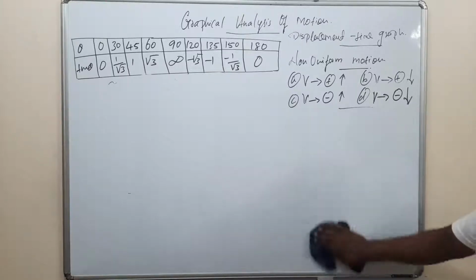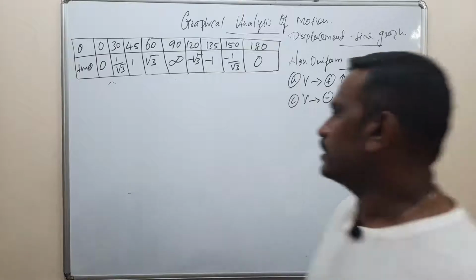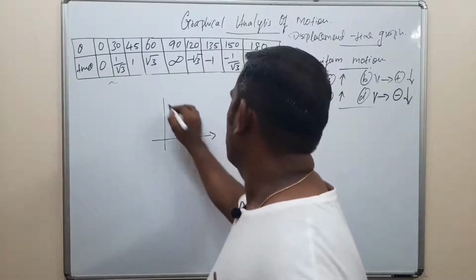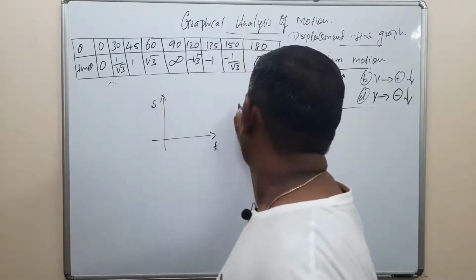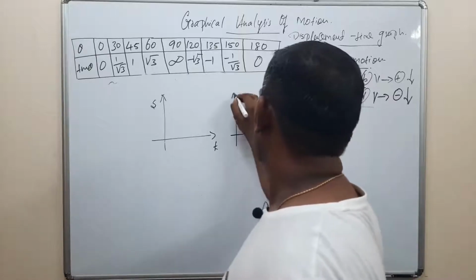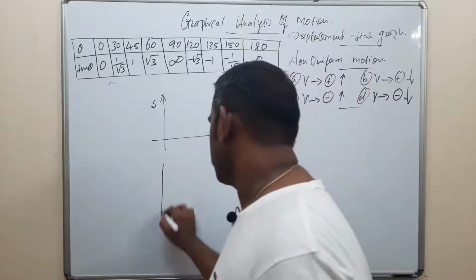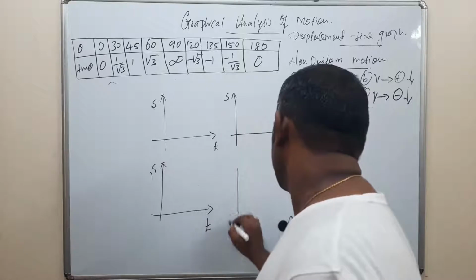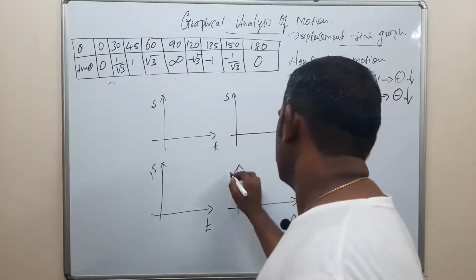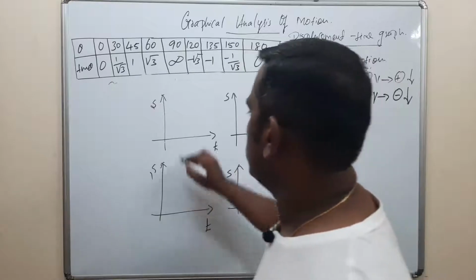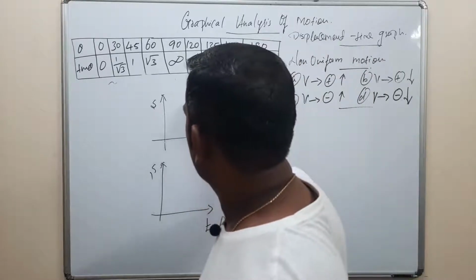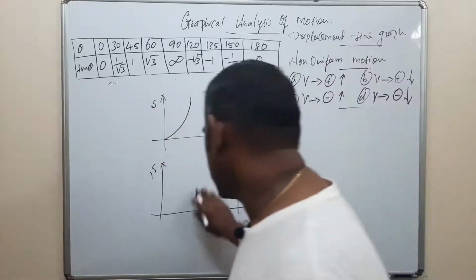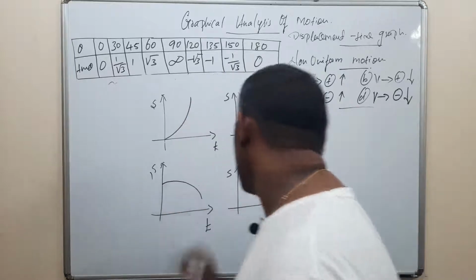Quick recap, a quick glance at these 4 displacement time graphs. The first curve, second curve, third curve, fourth curve.